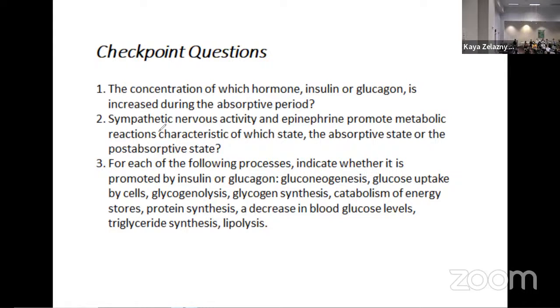The sympathetic nervous system, epinephrine, that fight or flight part, is more like our stress response, our post-absorptive state, versus rest and digest, the parasympathetic, which is more likely to be happening during the absorptive state. We want to make sure we can tell apart all these many G words in this unit and appropriately associate them with either insulin and the absorptive state or glucagon and the post-absorptive state.